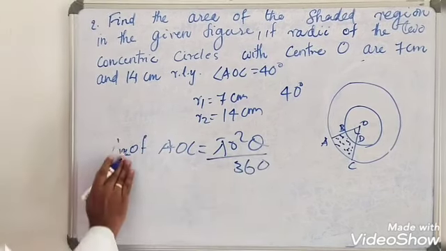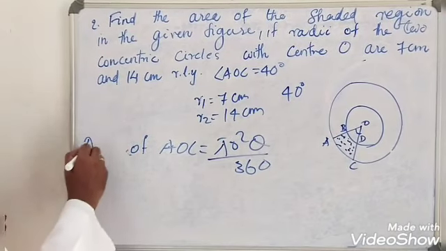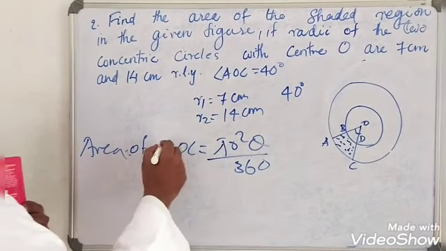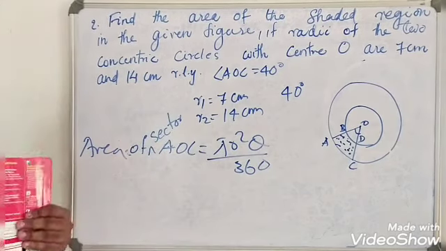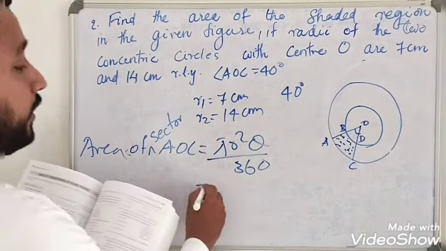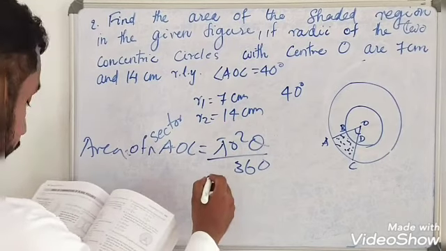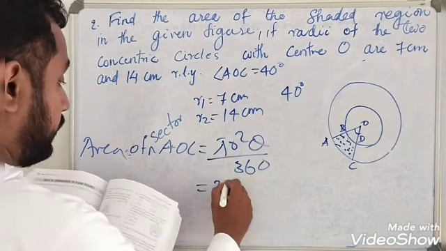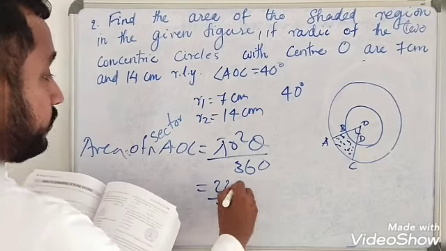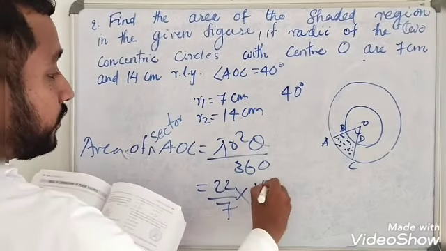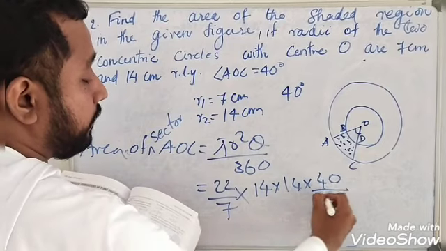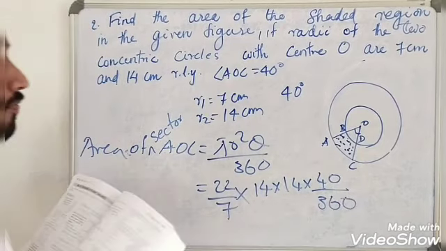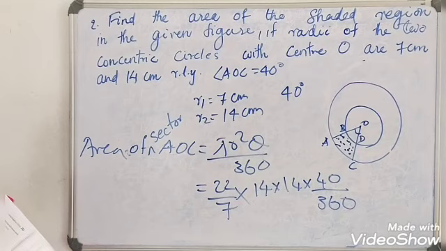Area of sector AOC is pi r square theta by 360 degrees, that is pi equal to 22 by 7, into radius 14, into 14, into 40 by 360 degrees.